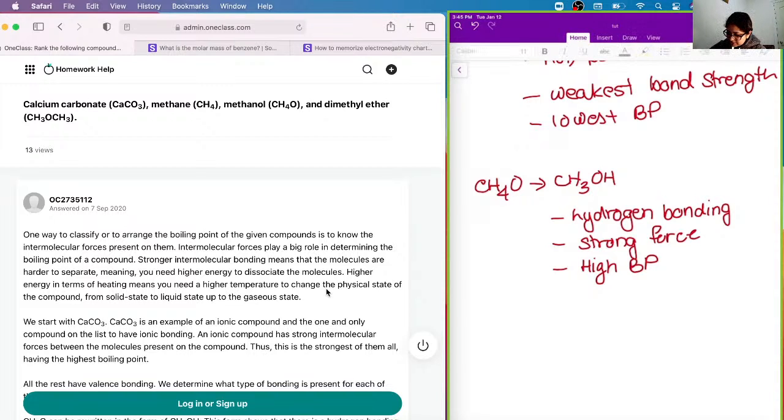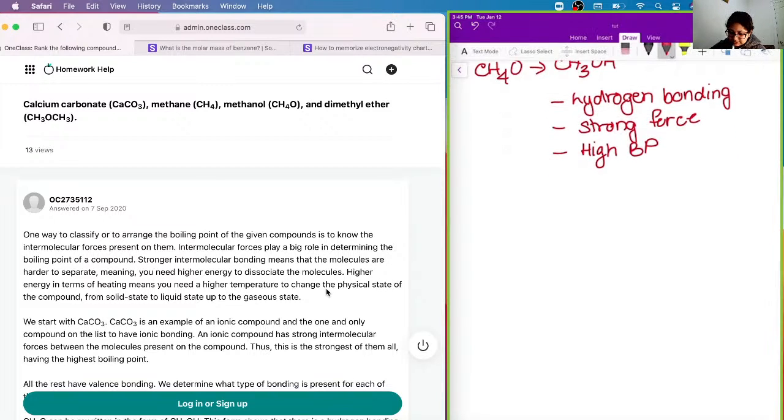So let's do that. Dimethyl ether. So we have CH3OCH3, right? And so dimethyl ether is polar.